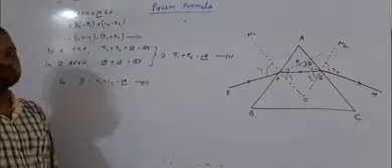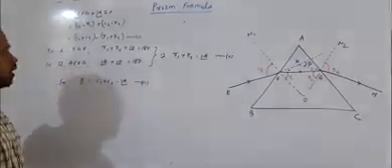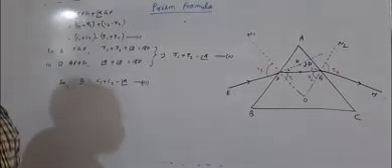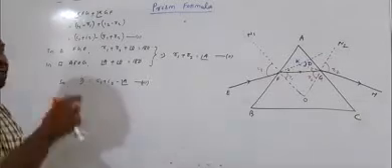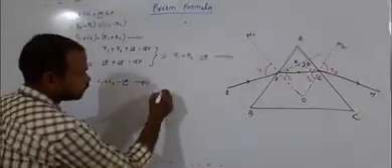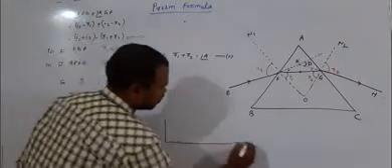Equation 3. Clear? Now let us draw a graph between the different values of angle of incidence and the corresponding angle of deviation. You see the figure. I am drawing a graph.